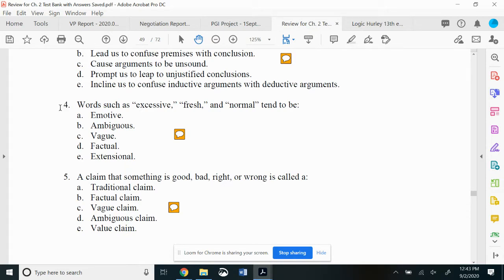Words such as excessive, fresh, normal, and I think I'll even use, and Hurley uses, cold, rich, poor. Those are all vague. It means that you don't exactly know what you mean by cold or rich or poor or normal. You have to give more information to define it. So it's vague. It means we don't know whether that word applies or not. Let's use cold for example.